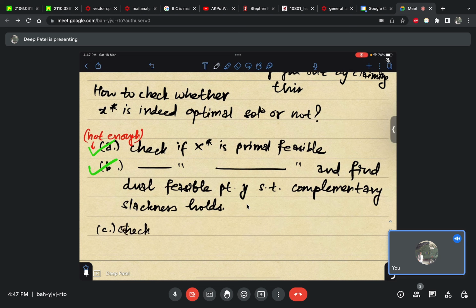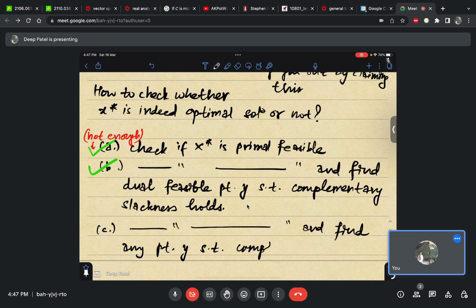I check that X star is primal feasible and find any point Y such that complementary slackness holds.